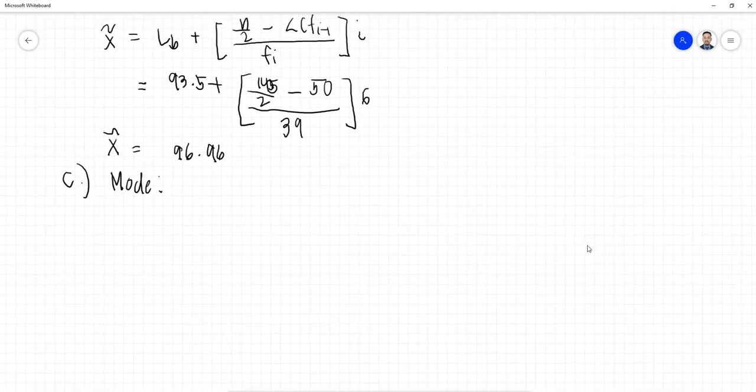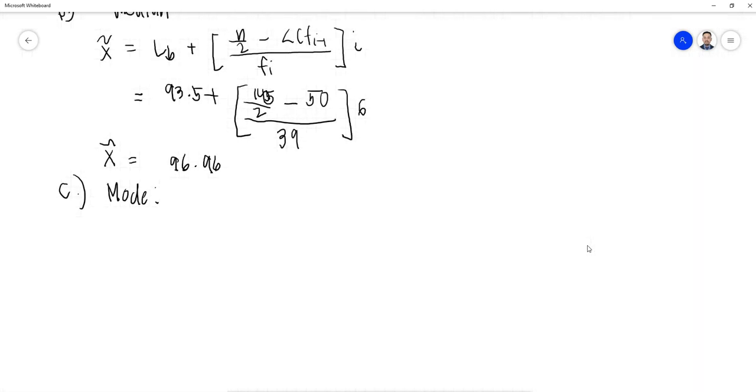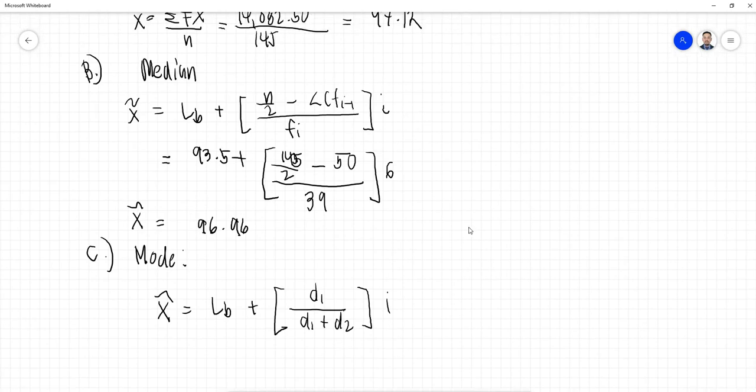Formula for mode without ties is x hat or x caret is equals to lower boundary plus d sub 1 over d sub 1 plus d sub 2 multiplied by I. So next step is we get the modal class.